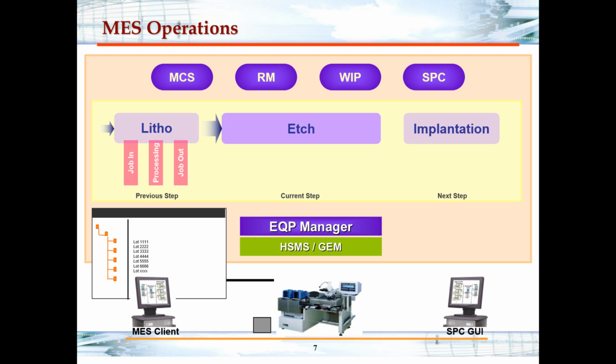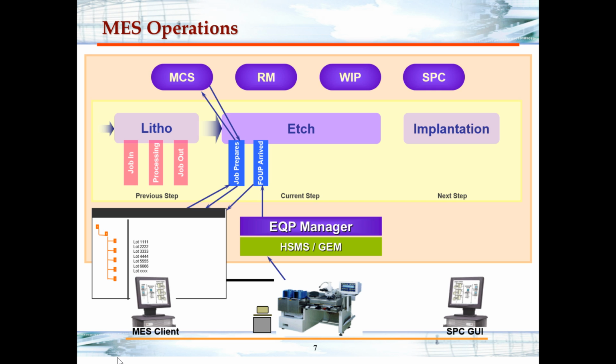When you ship a cassette into an equipment, this will have job in, processing, and job out, right? In detail, to begin with, we need to ask the MCS to ship a cassette into the system, so that he will check if the FOB arrived, and then check the WIP tracking.